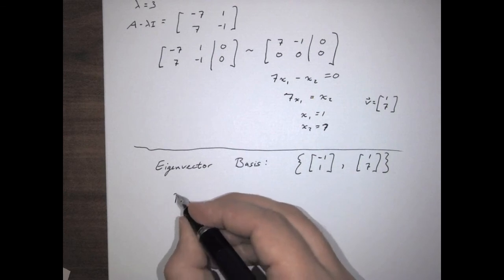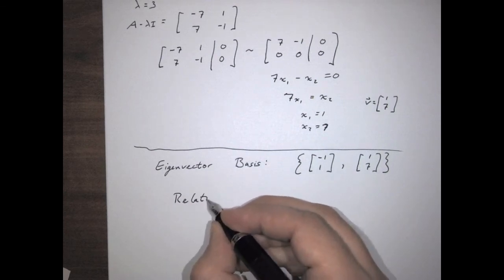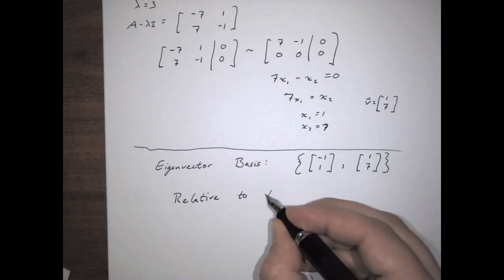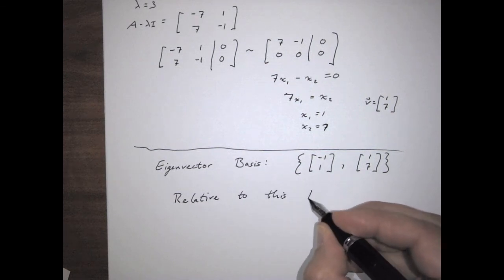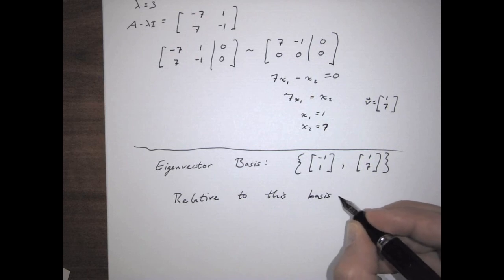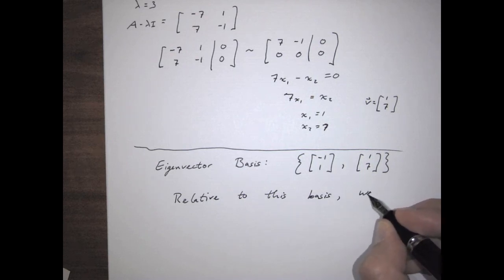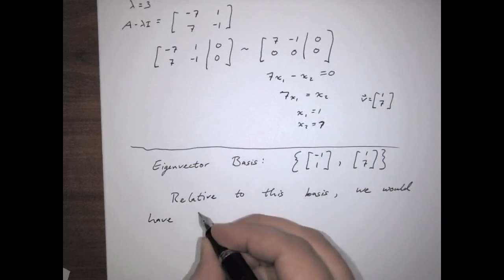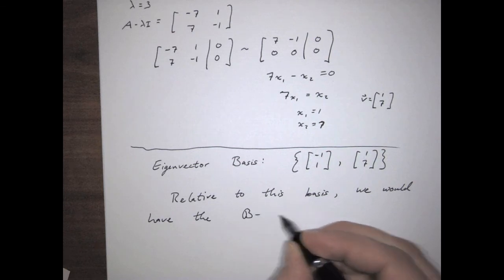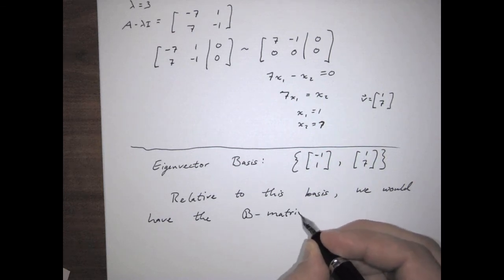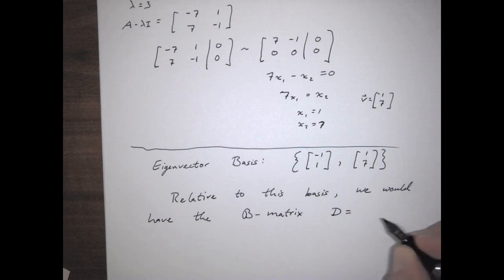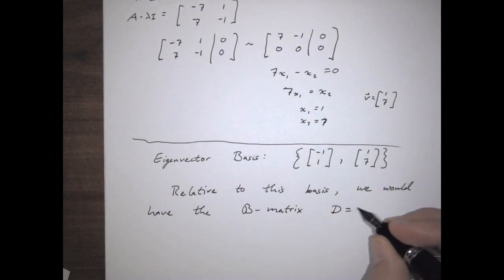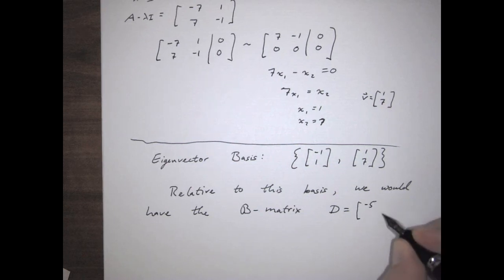And relative to this basis, we would have the B matrix, which is diagonal because these are eigenvectors, and in particular it would be negative 5, 0, 0, and then 3.